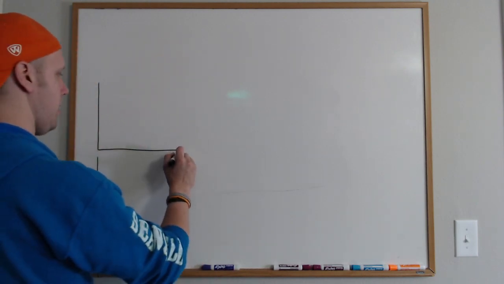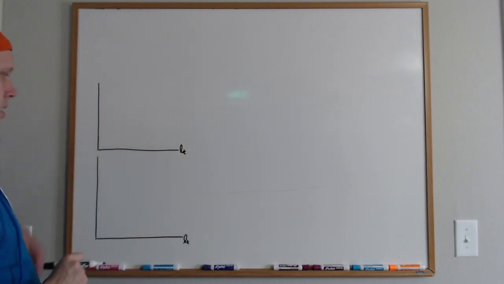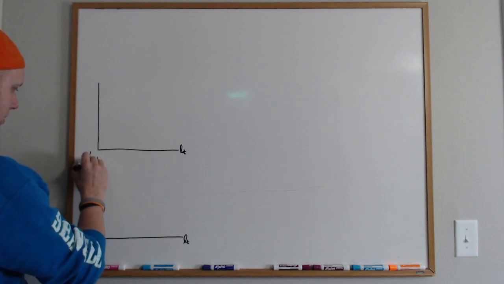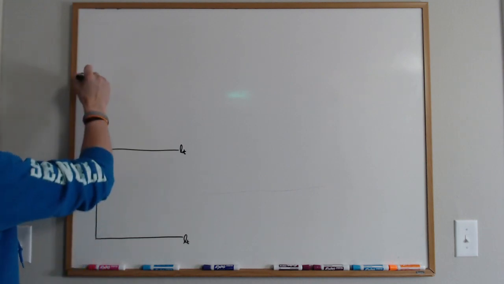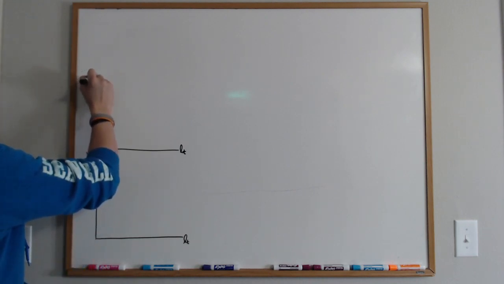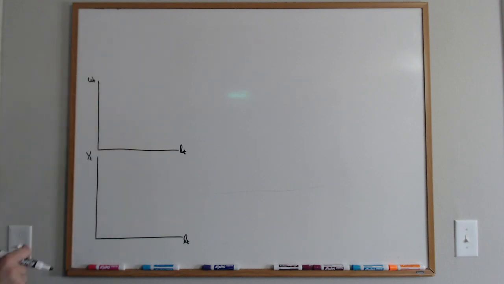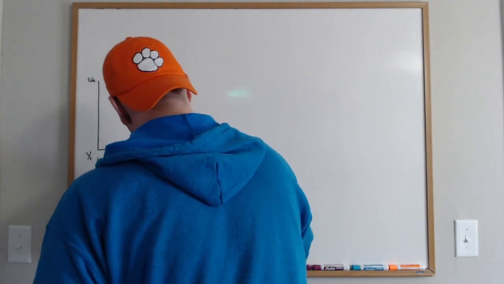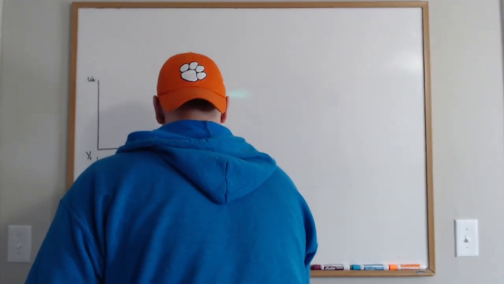So we got labor, LT, on the horizontal axis here. I've got output on the vertical axis here, and on the vertical axis here, I have the real wage. Now over here, if you don't remember this, go back and watch how to derive aggregate supply.